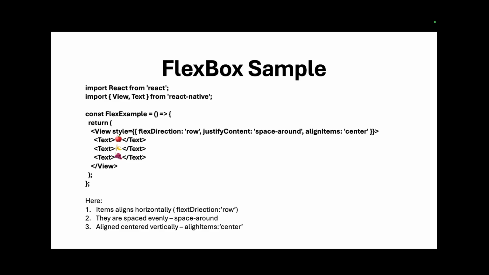Justify content space around will give even, equal space around the items. We'll see that once we do the example. Align items center will align all items vertically and horizontally in the center. So here the items are aligned horizontally with flex direction row, they are spaced evenly with space around, and align items center means they are centered vertically.